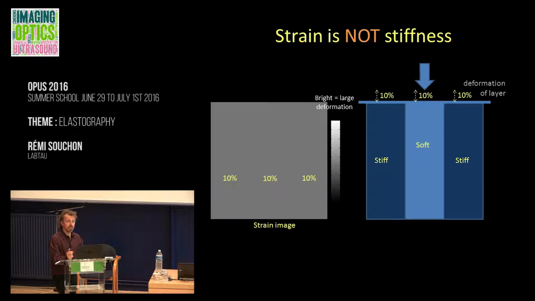But the point is, with ultrasound, we do not see stress. All we see is the strain. So this is to show you that it is very easy to make a strain image, but interpretation of the strain image is prone to errors and takes careful attention to what is going on, especially with this stress that may or may not be applied depending on boundary conditions.